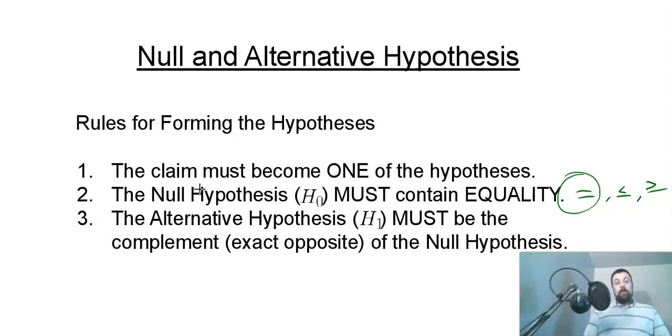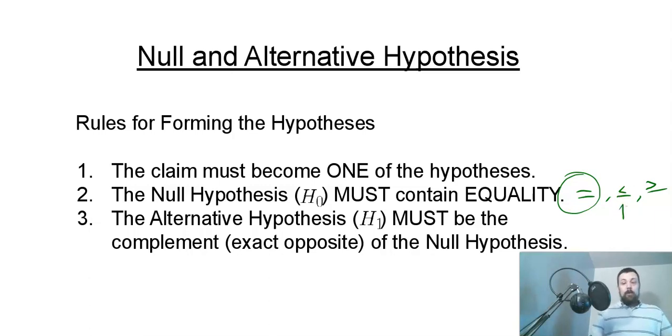So that's the null hypothesis. It has to have equality in some form or another. The alternative hypothesis must be the exact opposite of the null hypothesis. So they have to be opposites of each other, which means the alternative hypothesis will not have equality. Because anytime you're taking the opposite of any of these, the equals to part won't be there, because the opposite of equals to is for it to not be equal to, right?